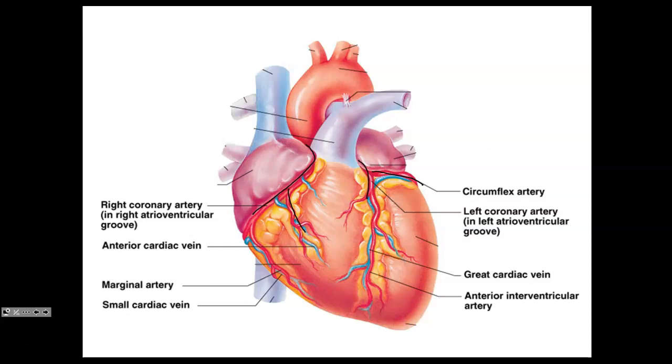Left coronary has one come off it. It's called the circumflex artery. It's called the circumflex because it goes around the heart. Circum means around. So it flexes around the heart. And you have the great cardiac vein down here. And this is the anterior interventricular artery because it comes down and goes between the ventricles right there. So that's all coronary vessels.